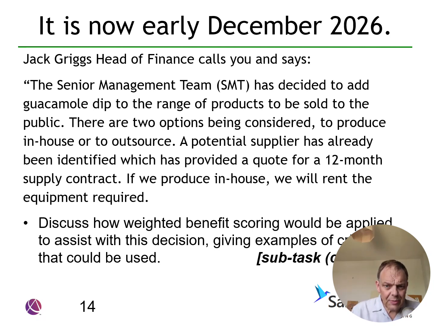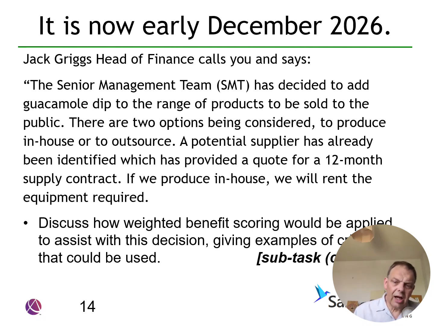There are two options being considered: to produce in-house or to outsource. A potential supplier has already been identified, which has provided a quote for a 12-month supply contract. If we produce in-house, we will rent the equipment required. Okay, so that would be background within a full section.